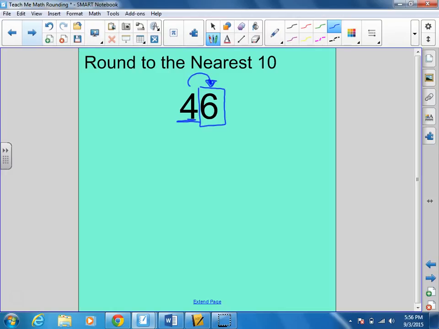Now we understand that because 4, or 40, is in the tens place, our number cannot round any lower than 40. The next tens place value would be 50. We're going to create a number line, and we're now going to count 40, 41, 42, 43, 44, 45, 46, 47, 48, 49, 50.